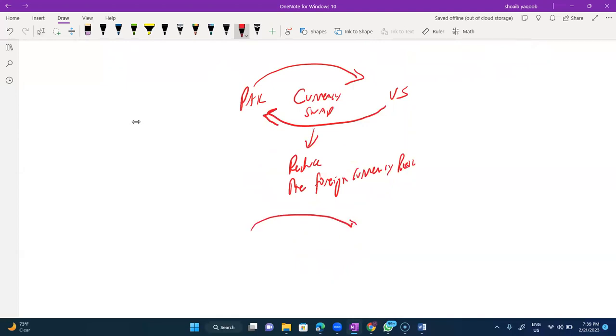Pakistan wants to have $1 million and the US company wants to have, for example, 250 million rupees. So they will exchange this principal now, and after a year or after 2 years, they will re-swap it against each other. So both have locked the currency rate for a longer period of time and avoid the foreign currency risk.